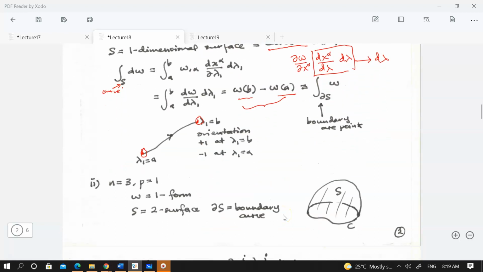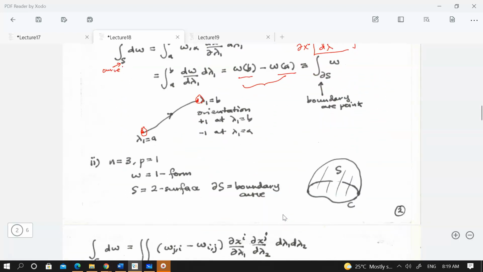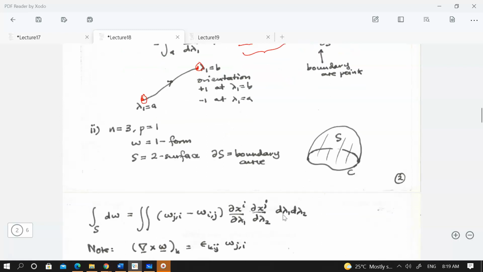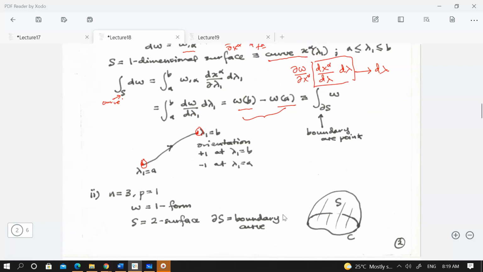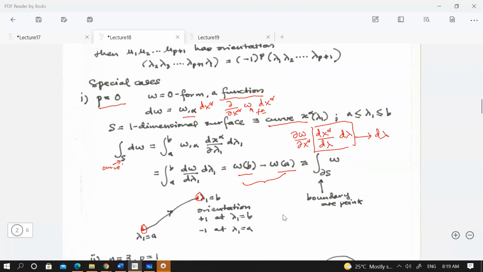So let's look at the case where you have a one form instead. I should mention that now this thing is equal to that thing, which is the Stokes theorem that we mentioned earlier.